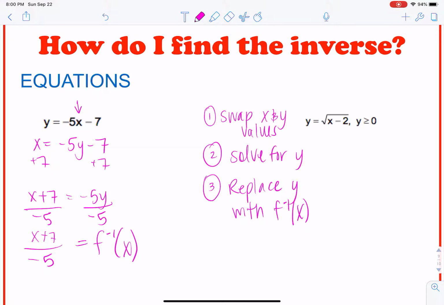So looking here, if I would like to undo that function or do the opposite, when I plug something into my x value in my inverse function, I'm doing the opposite of the last thing that I did up here. So instead of subtracting 7, I'm adding 7. And then instead of multiplying by -5, I'm dividing by -5 to give me back my original value.